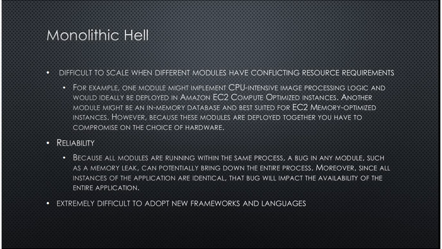But the other, sibling module might have its main concern as memory, because it might have an in-memory database. So there is a conflicting resource requirement. Can you separate these modules, one onto a CPU optimized machine and the other onto a memory optimized machine? In this monolithic application, no, because everything is in one process. So you can't do that. You still have to stick to whatever infrastructure you have.